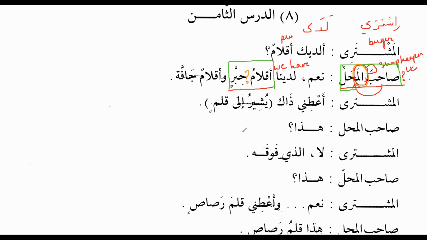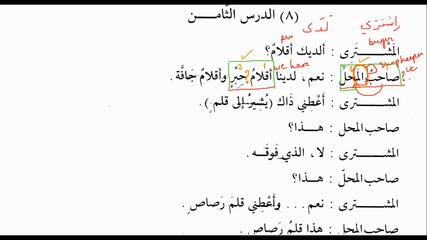So the idafa which has a lam tarif in between, like this one, is a marifa idafa, and an idafa where you don't find lam tarif in between is a nakira idafa. In both the cases, the first noun is always marifa. Here, the first noun is always marifa because it is an idafa construction, even though you don't find lam tarif. Even though this one is a nakira idafa, this aqlam becomes marifa, known.